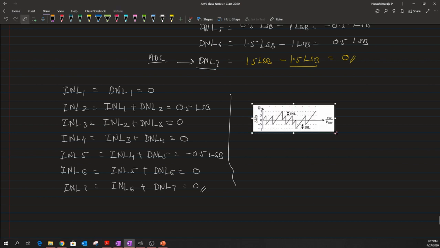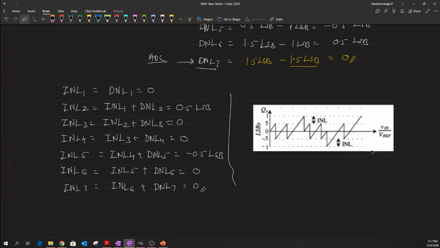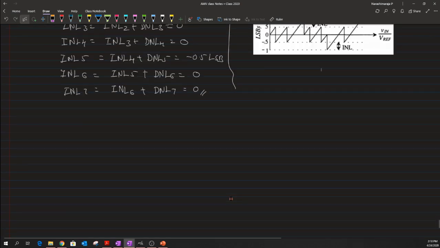Okay. So as you can see, whenever there is an INL error, the quantization error has some sort of peaking more than the value of 0.5 LSB. Okay. So this is what you would get at the end. And if in case you have been asked to draw the graph, one has to draw this kind of graph. Okay. Yeah. So the next topic that we are going to discuss is about n-bit accuracy specification.